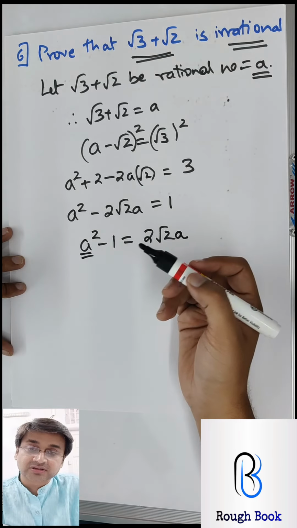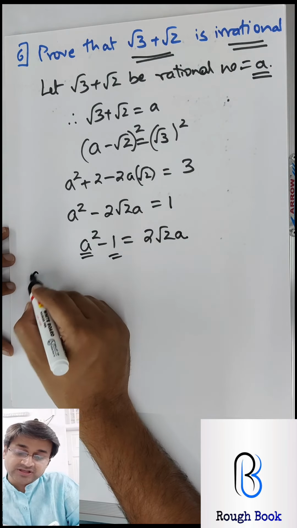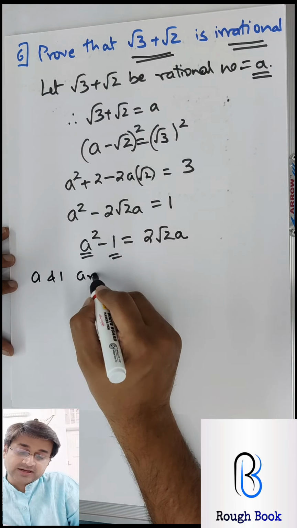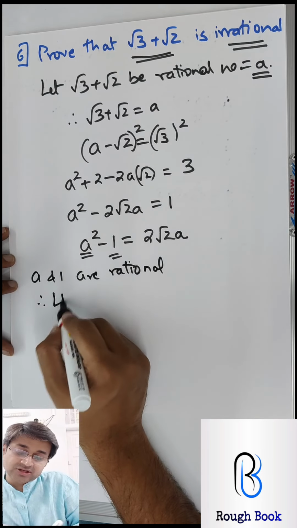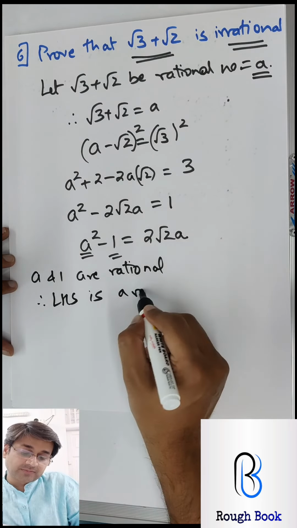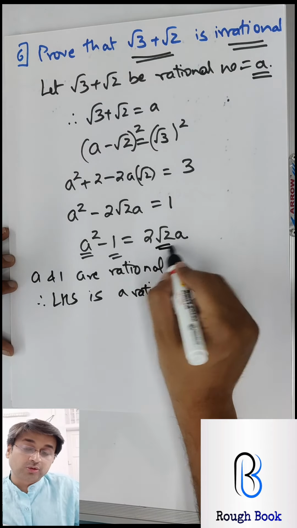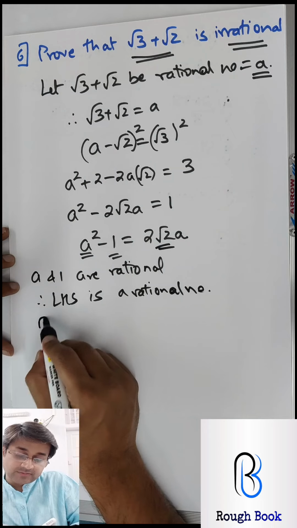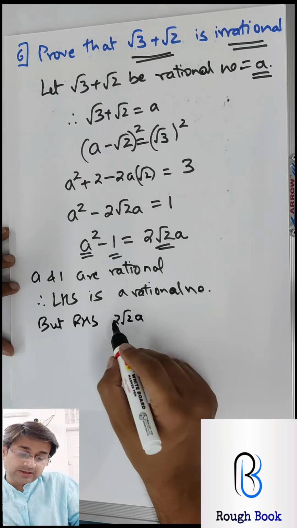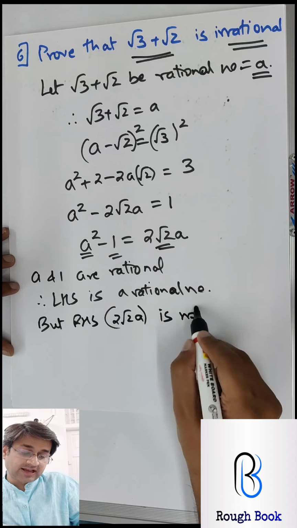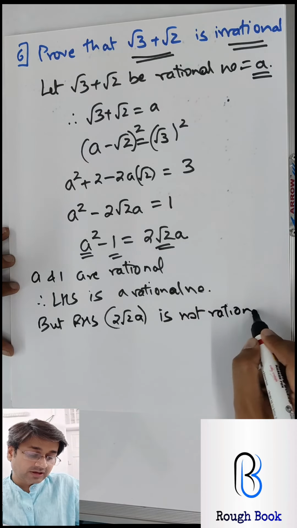Now a is rational, 1 is rational. That means this entire thing is rational. So we say a and 1 are rational and therefore LHS is a rational number. But your root 2 is not rational. So you will say but RHS 2 root 2a is not rational or is irrational. Correct?